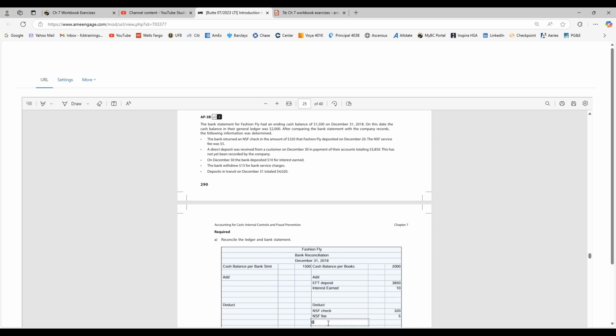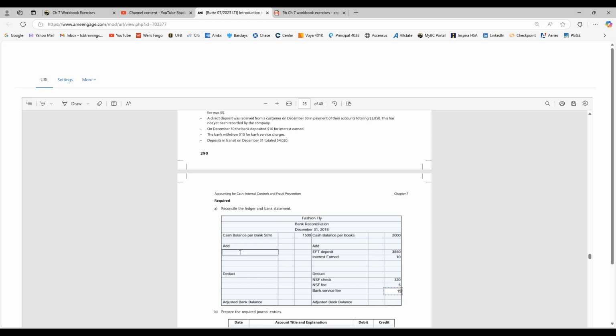We had a bank service fee for $15. And then we had some deposits in transit that just hadn't hit the bank yet, and that was $4,020. Okay, and that's everything. It doesn't look like there's any outstanding checks or any actual deductions we would take on the bank side. So that's cool. This one's pretty easy math.